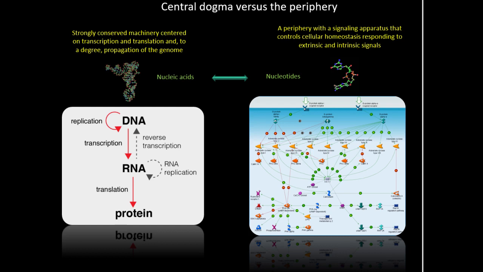So the ribosomes, ribosomal proteins and RNAs, topoisomerases involved in replication and repair, or RNA polymerases, they tend to show a high degree of conservation.